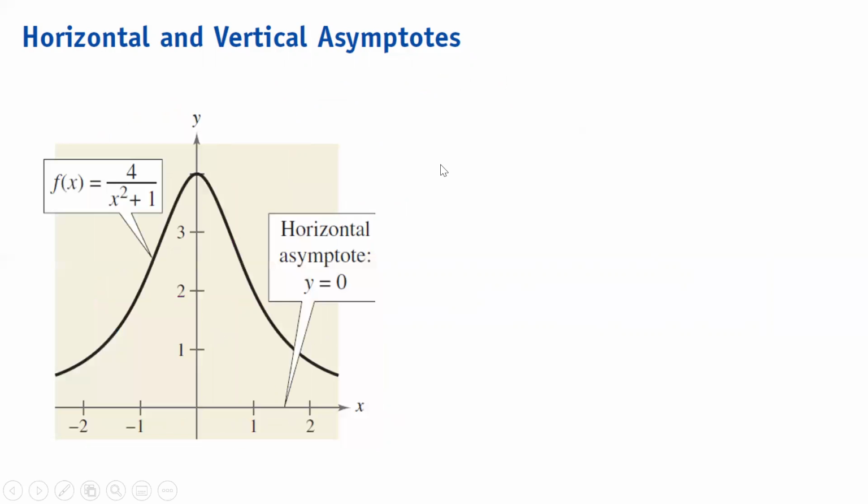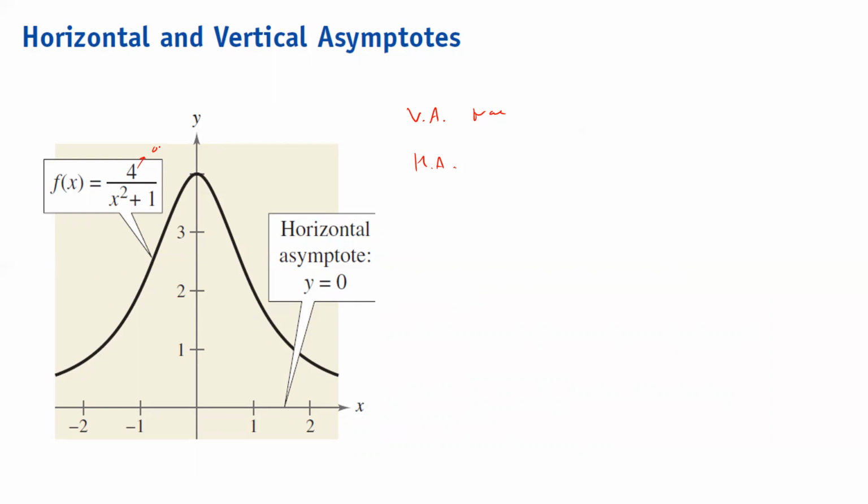Let's do the next one. Is there ever a time this is going to give you a 0 in the bottom? No. Okay, so no vertical asymptotes, VA: none. HA? This is degree 0. If the domain is everything, there's no vertical asymptote.